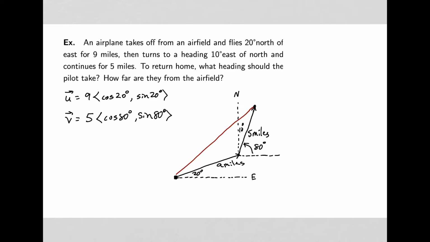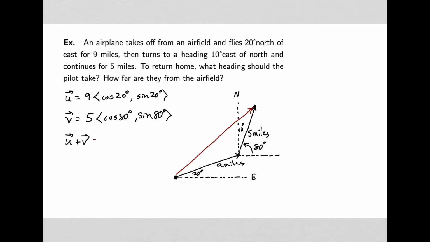Now, that is fairly nice for us to do, because now our position that the airplane is at is u plus v, and that would, in fact, just be the vector that has taken us along here. So once we calculate what u plus v is, we can just take the negative of that, and that's the heading. We'll need to put it in airplane terms, of course.